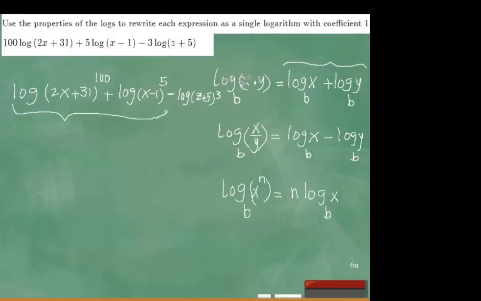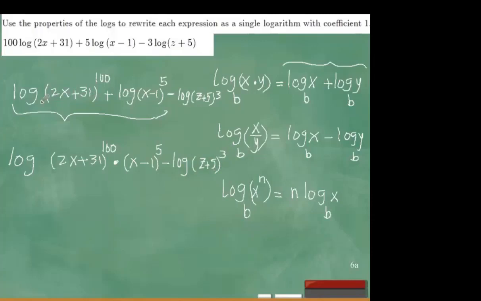I can write it as the product. That would be the log of 2x plus 3, to the power of 100, times x minus 1 to the power of 5. Then write minus log of z plus 5 to the power of 3.